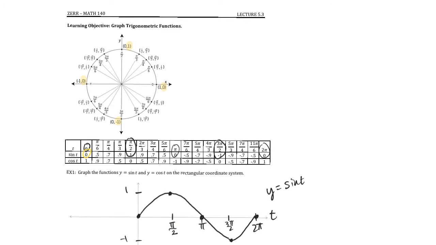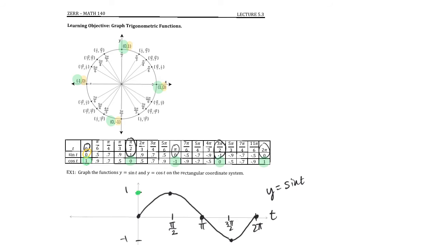We can do the same thing with cosine. Cosine is the x values. So we can just look at these outputs for cosine. I have an input t of 0, and the cosine there is 1.